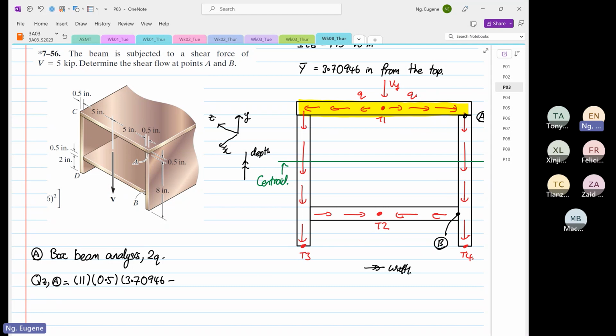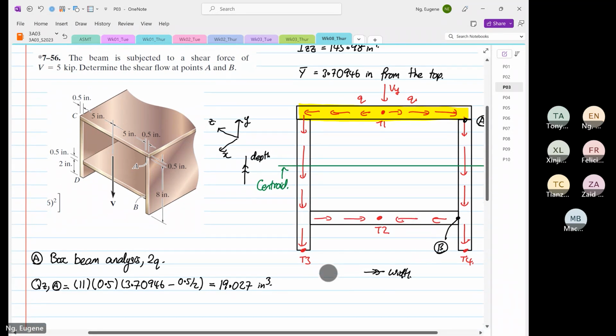So it's from centroid minus 0.5 divided by 2. Okay. So this will be equal to 3.70946 minus 0.5 divided by 2 times 0.5 times 11, which is 19.027, and this is in inches cubed.